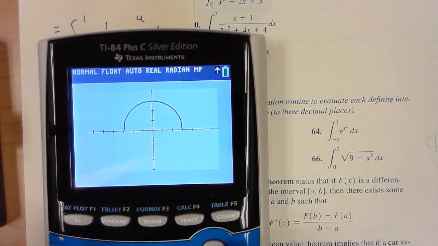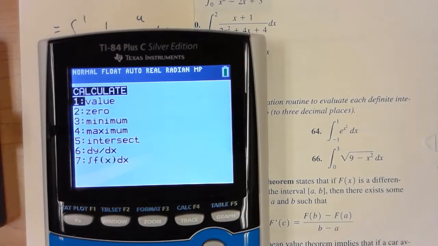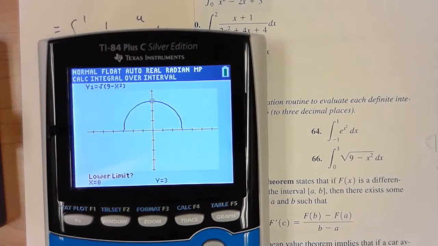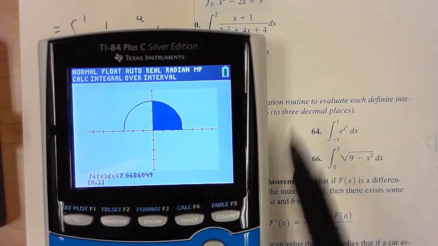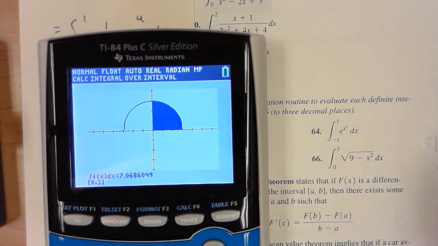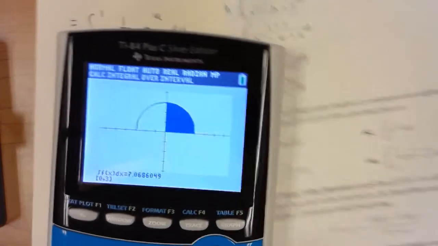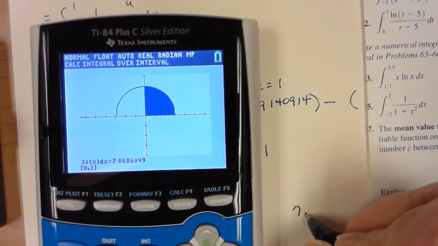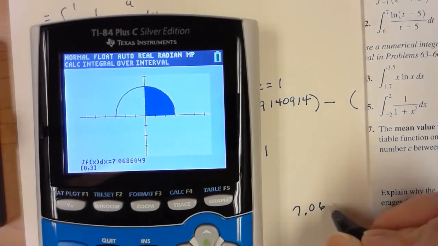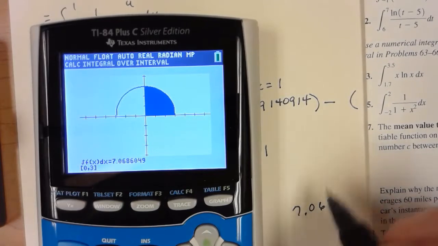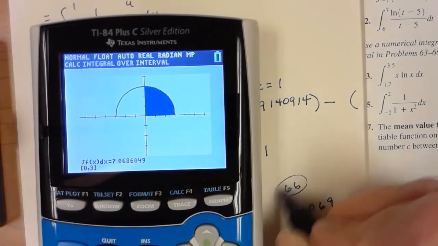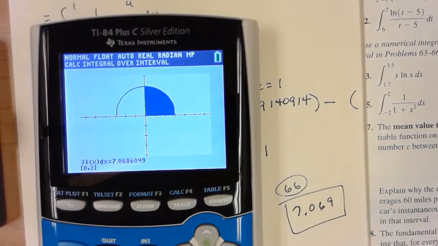So second trace for the calc menu number 7, lower limit 0, upper limit 3, and watch it color it. Oh, it's so cool. So that would be 7.069, 3 decimal places. So let me write that down. 7.069. And this is for problem 66, because I'm going to show you another way.